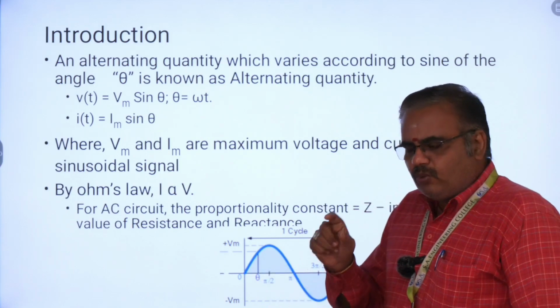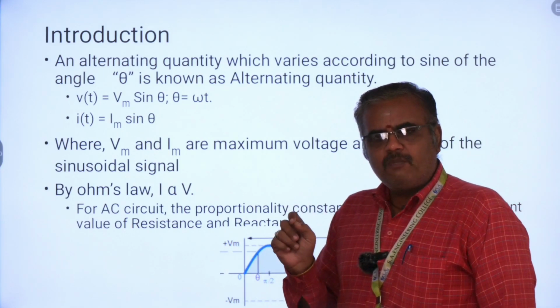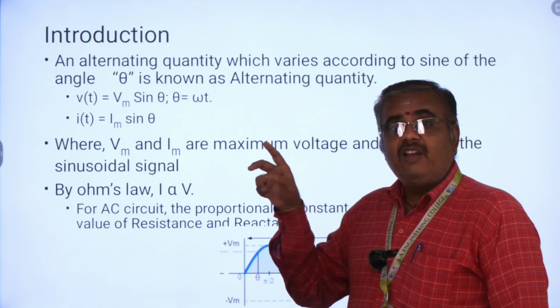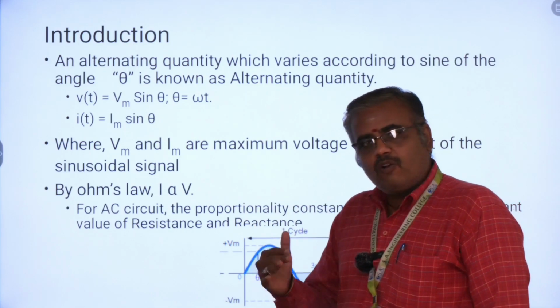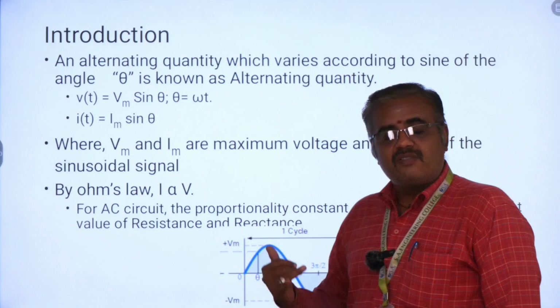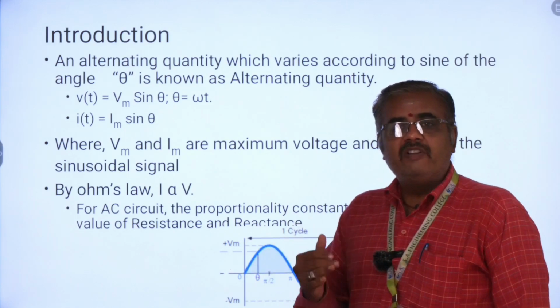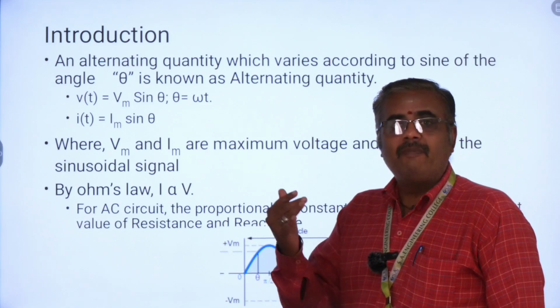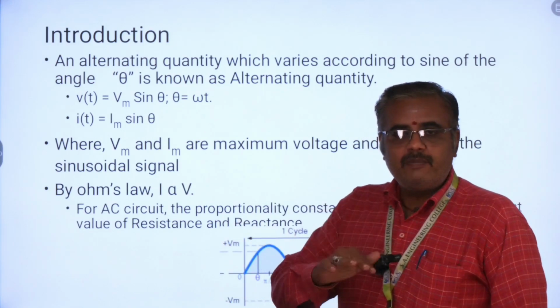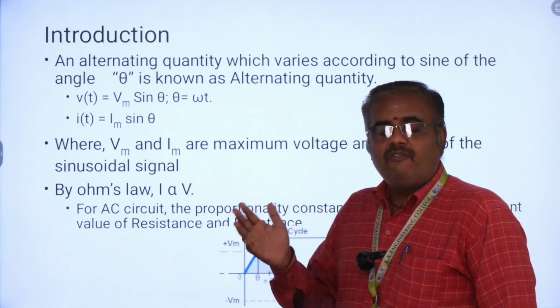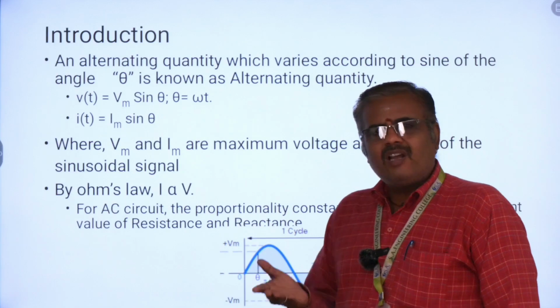This phase angle purely depends upon the components which are connected in the circuit. When we talk about network analysis or circuit analysis, we will be dealing with passive circuits, or passive elements, and we will be discussing the relation between voltage, current, and power for these components. What are passive elements?